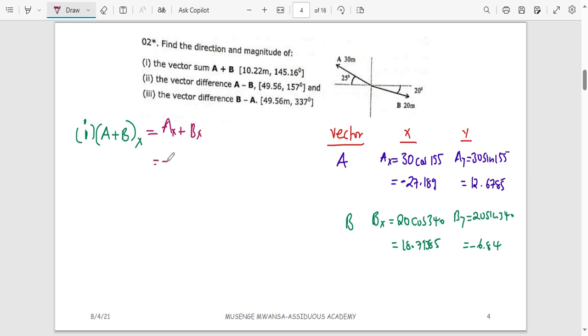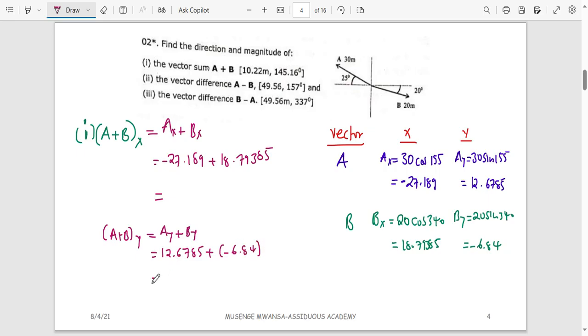So your Ax is negative 27.189. Your Bx is 18.79385. And the other thing you need to find is the same A plus B but the y components. So that would be Ay plus By. Ay is 12.6785. By is negative 6.84.